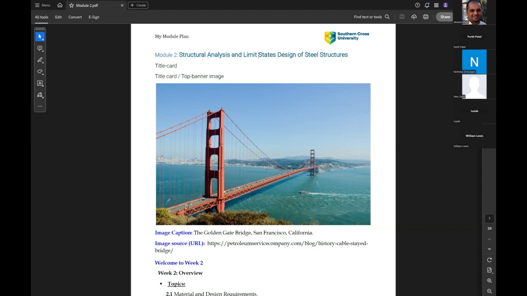So today we will be going through module 2, which is talking about structure analysis and limit state design of steel structure according to Australian Standard 4100.